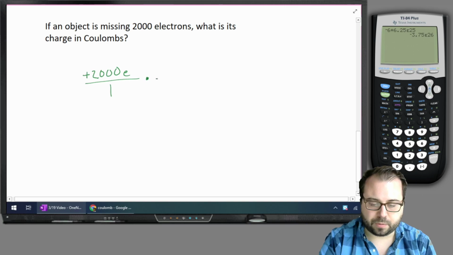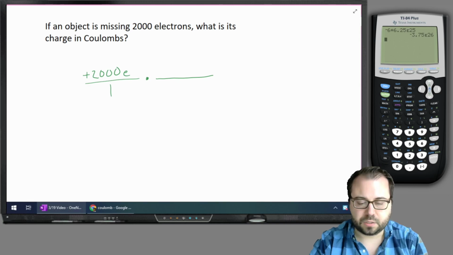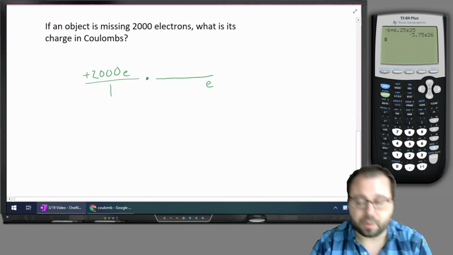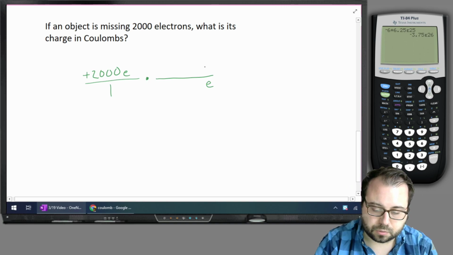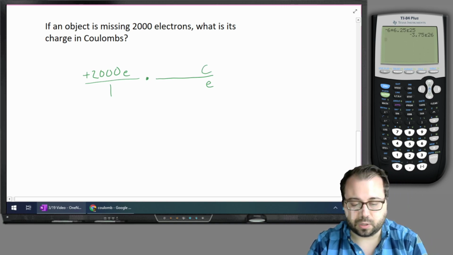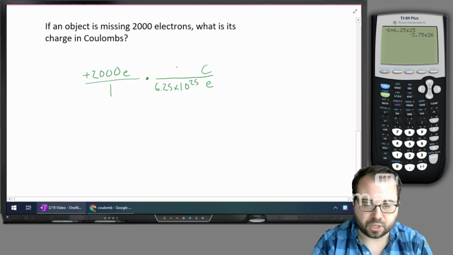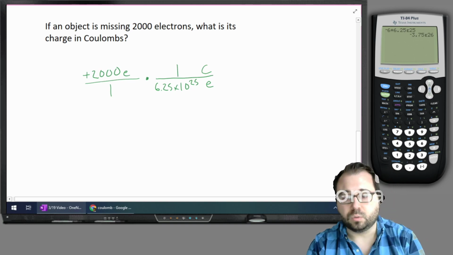Since we're converting, we're going to set up our blank fraction, as we always do, and then put our units in so they cancel. So elementary charges will go on the bottom, and coulombs will go on top, because in this problem, we want to end up with those coulombs. So now we can plug in our numbers. 6.25 times 10 to the 25th elementary charges is equivalent to 1 coulomb.